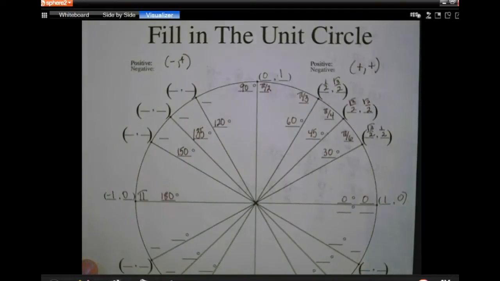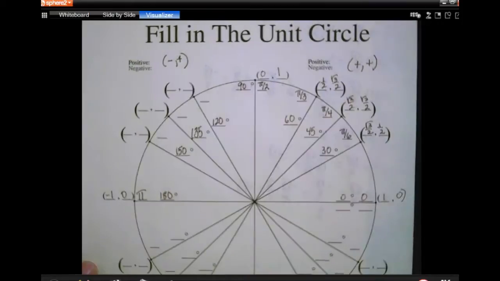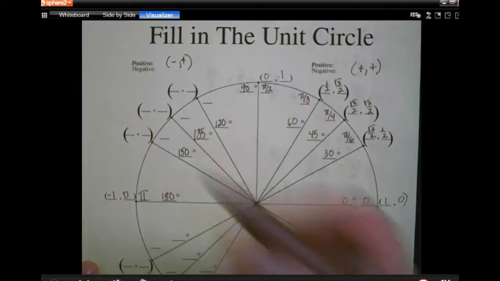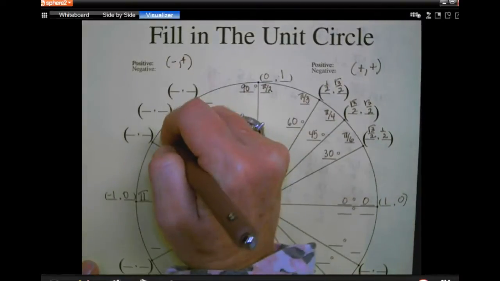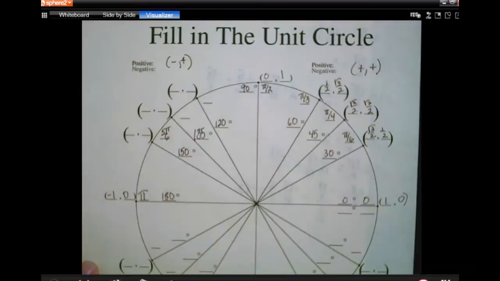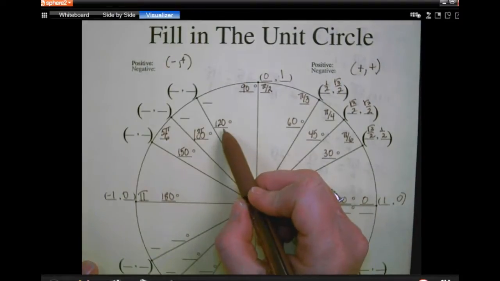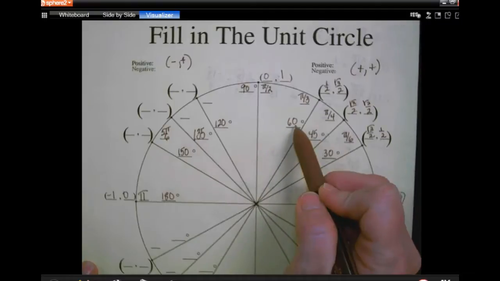Yes? All right, so the next thing I need is the radians. And what did we say 150 was? That's what we did on the back. That was 5 pi over 6. So 120, that is 2 60s, right?